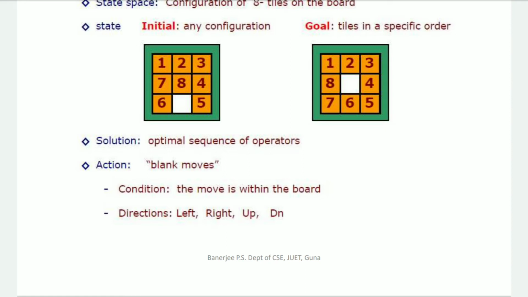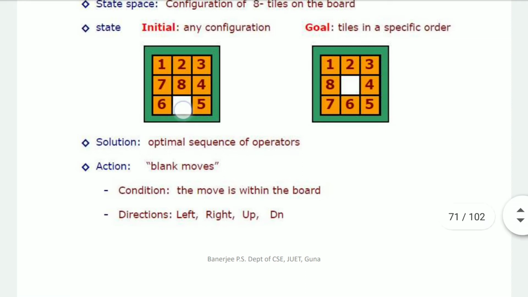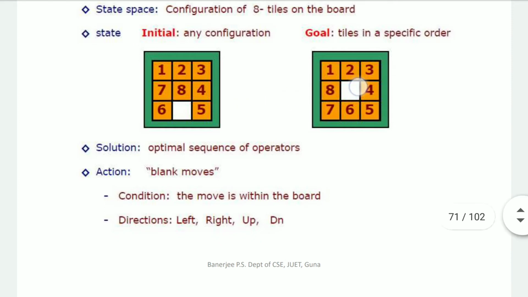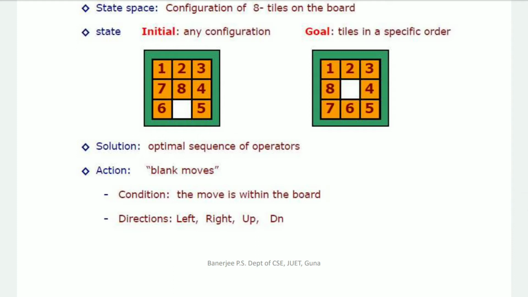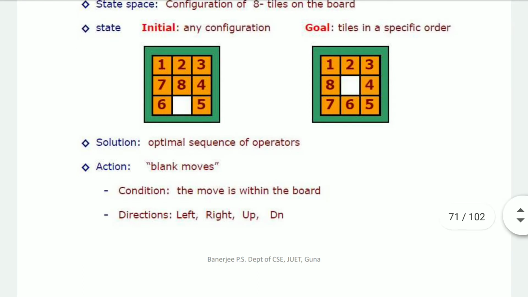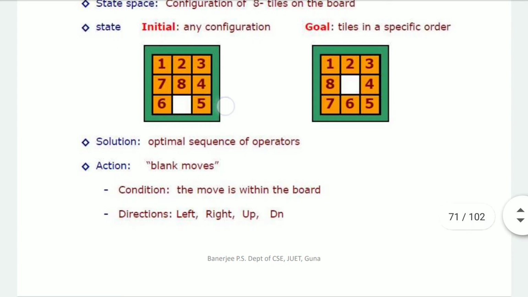That means here I have a blank space. The blank space in my goal configuration is at the center position, right? So for the blank to reach from this position to this position is a movement of the blank one step up, that means from row number 3 to row number 2.